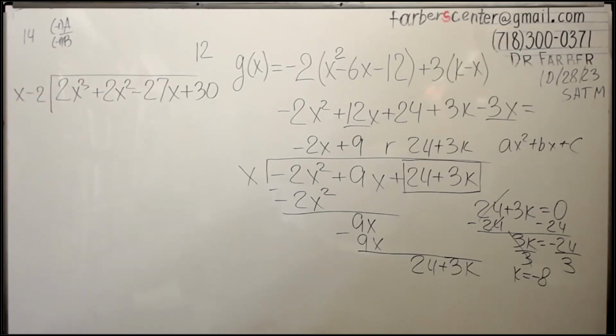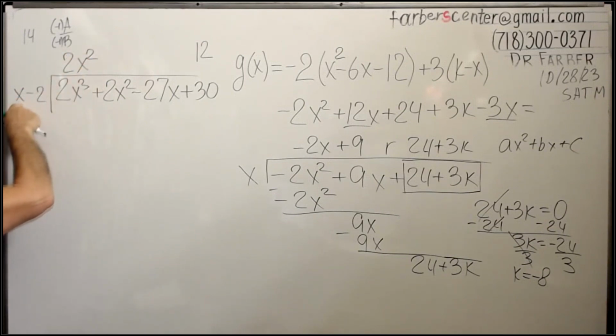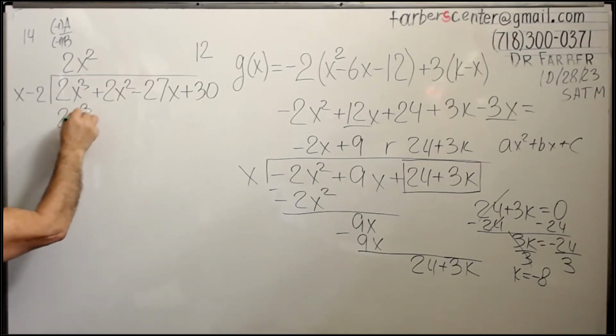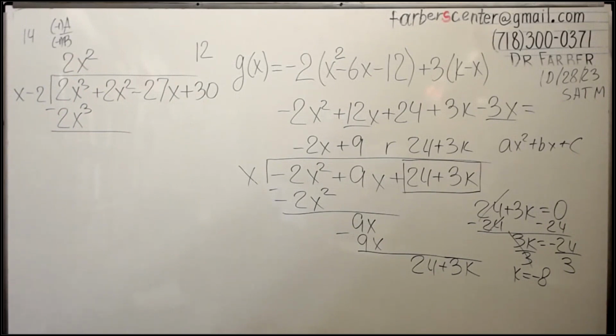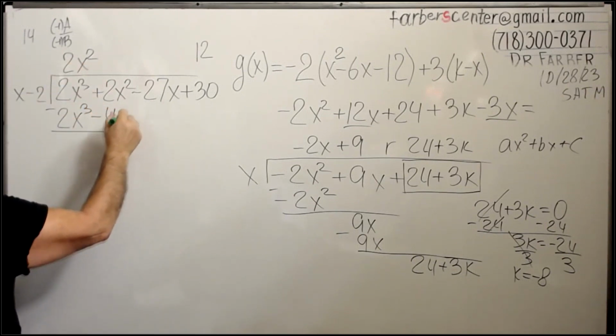Now let's divide it together. Well, 2x cubed and x gives 2x squared. 2x squared times x is 2x cubed. I do it slowly. Minus. Cancel all of them, right? And minus 4x squared.